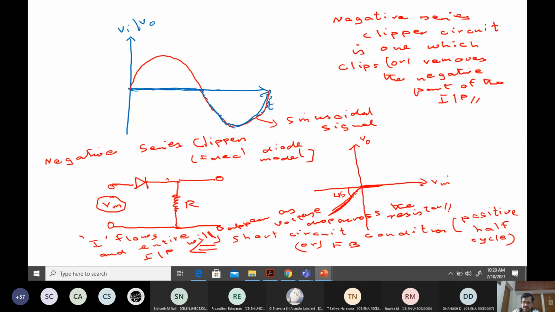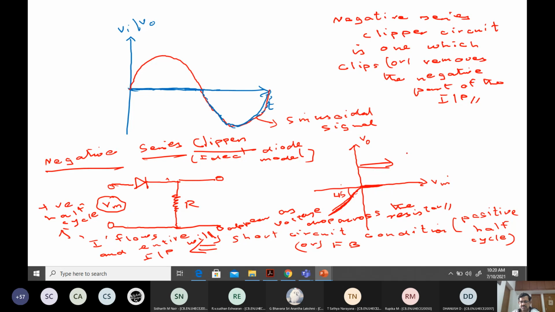Across the resistor. This will be only for the positive half cycle. And during the negative half cycle, so let me draw this.